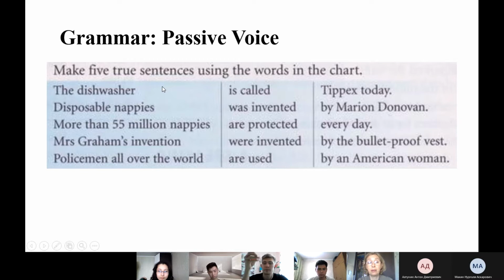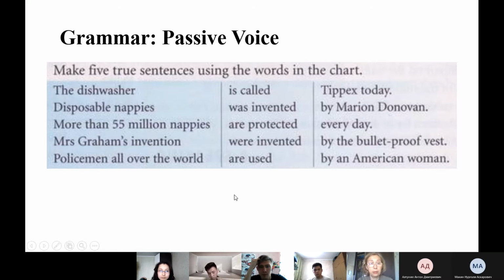And let us make 5 true sentences using the words in the chart. I mean, you should use one of the phrases in each column to make up a true sentence. For example, the dishwasher was invented by an American woman. Do you see?